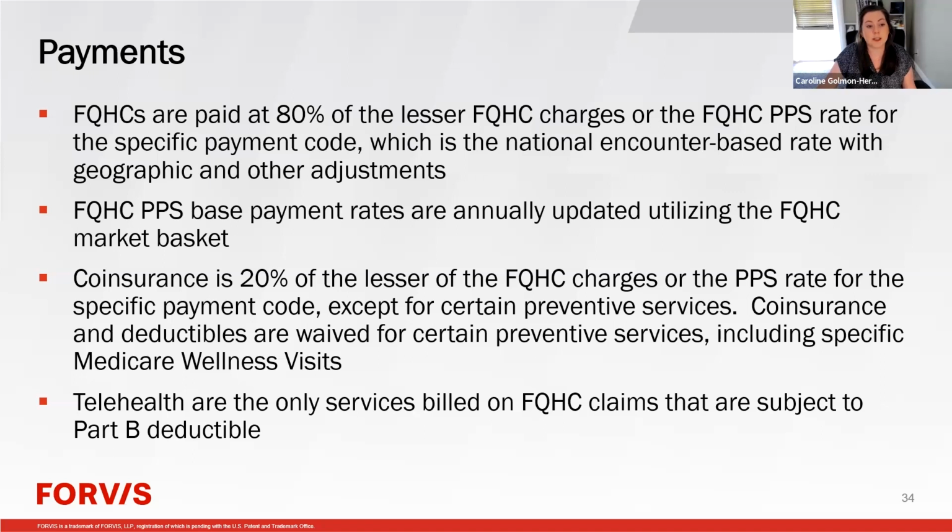And coinsurance is 20% of the lesser of the FQHC charges or the PPS rate for that specific payment code, except for certain preventative services. Coinsurance and deductibles are waived for certain preventative services, including those Medicare wellness visits. Telehealth are the only services billed on FQHC claims that are subject to the Part B deductible.